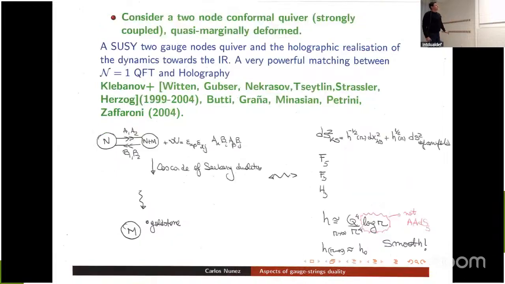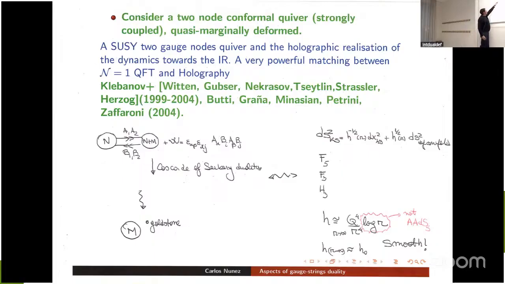There is a second line that is quite successful. I'm going to be very sketchy here. This second line considers a two-node gauge theory. By two-node gauge theory, sometimes people refer to this as a quiver, SU(N) times SU(N+M), with what is called bifundamental matter.